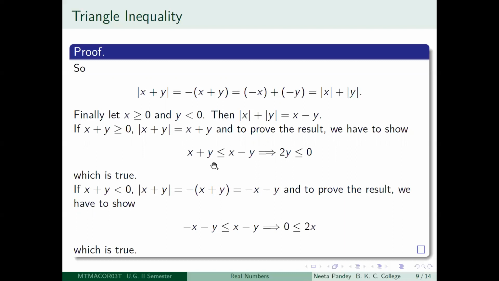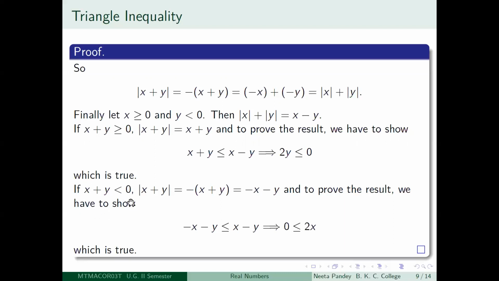So again you add y on both sides. So you have to show that 2y is less than or equal to 0. But since y is less than 0, 2y is obviously less than 0. So that fact is incorporated in the fact that 2y is less than or equal to 0. So this is always true, and hence you have proved the result for this particular subcase. The only one now left out is when x plus y is negative.